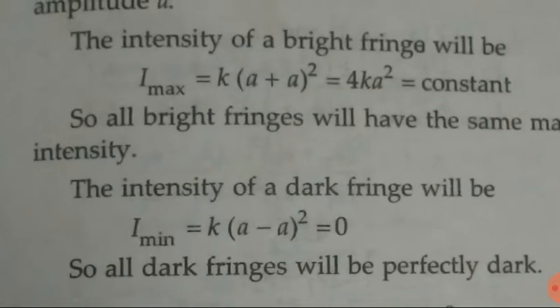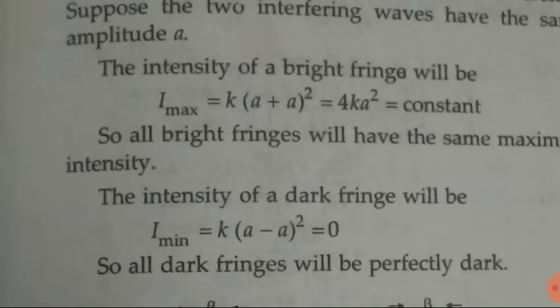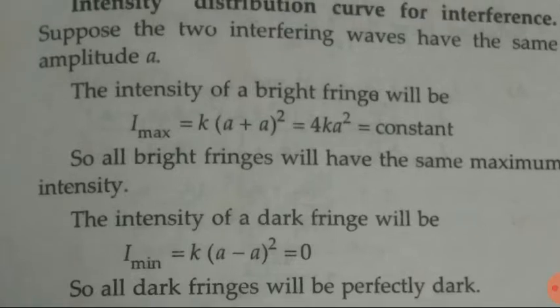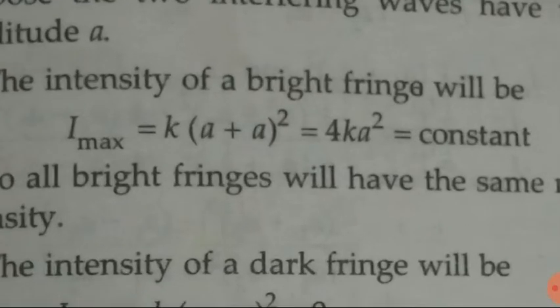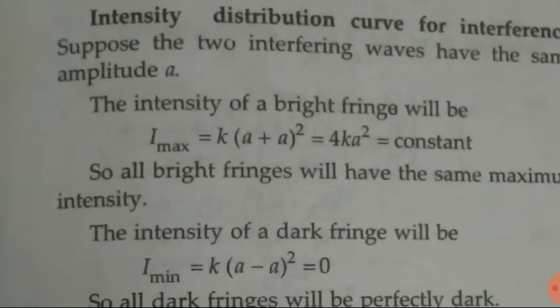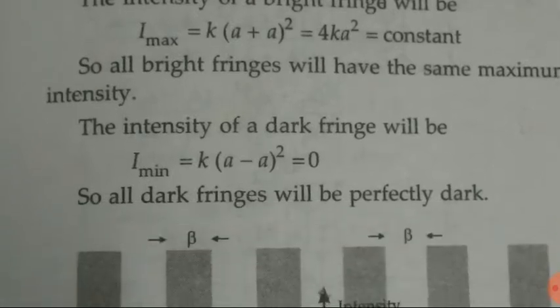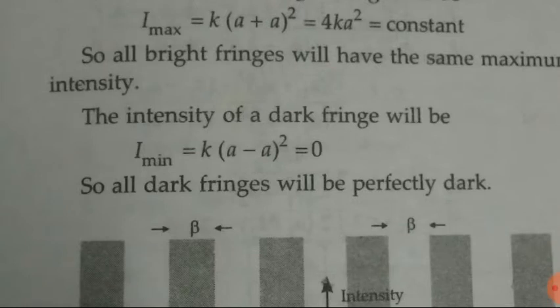okay. So if both light waves have the same amplitude A, then by putting the value A for I maximum, we get A plus A whole square, or 2A whole square, or we can write it as 4K A square, which is constant. And for the dark fringe, when we put A, A minus A becomes 0, okay.